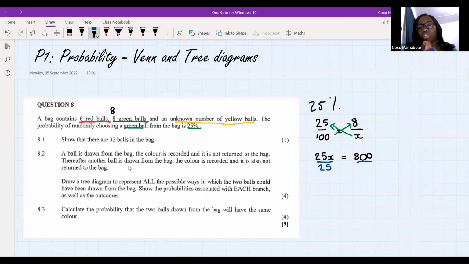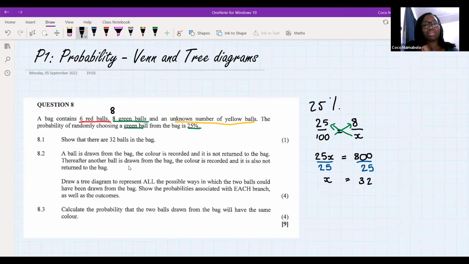Awesome. I've got one answer in the chat. I wonder if I'm going to get any others. Thank you, Ntokozo. Excellent, Kanyisa. Yes. 800 divided by 25 will give us 32. So we know that our entire sample space is 32 for this particular question.